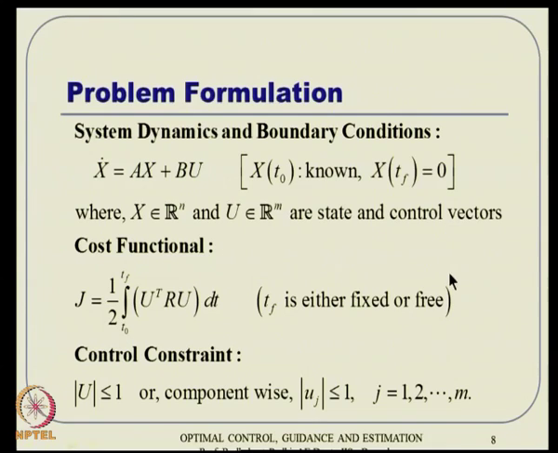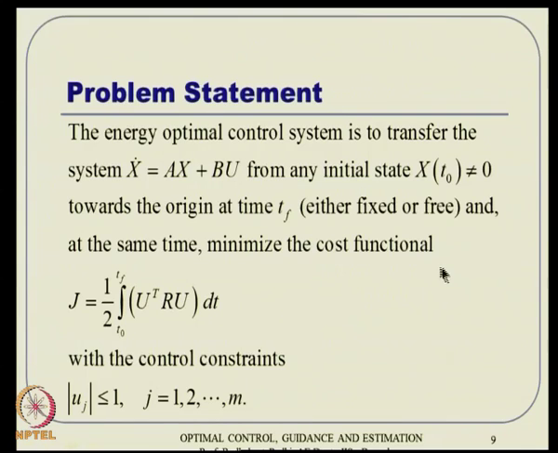Alright, so moving further, the formal statement of the energy optimal control problem is this: transfer the system dynamics from any initial state towards the origin at time tf, where tf can be either fixed or free, and at the same time minimize this cost function with the control constraints in place. So, that is the formal definition of an energy optimal control problem.